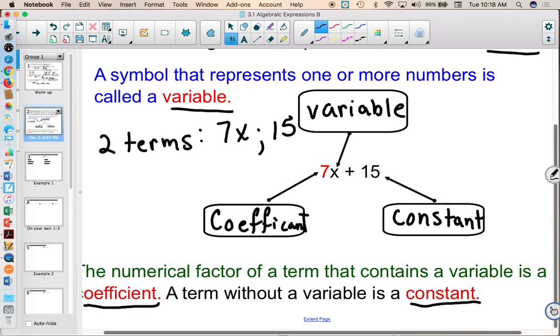Why do we call this a constant? Why would we call it the constant? Ben? It has no variable, that's true. Is that number always going to be the number 15 in this expression? Yes, it'll never change. That's like saying, in the real world, you pay $15 to go to the movies.